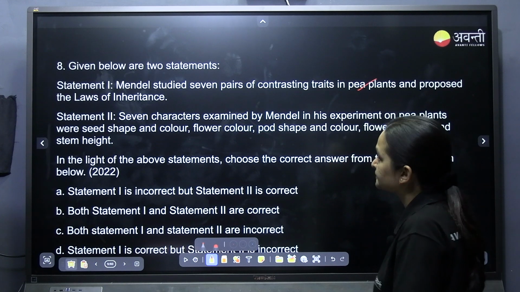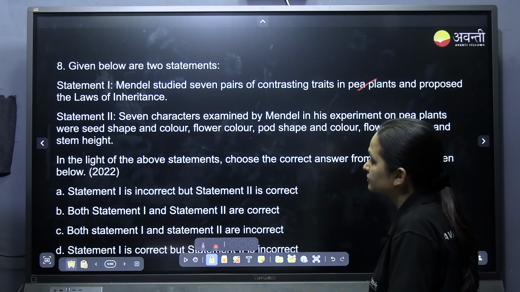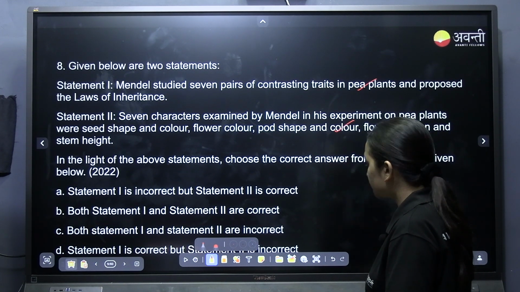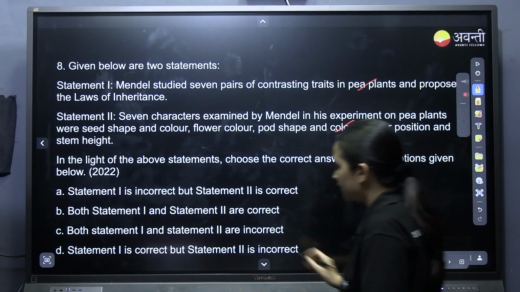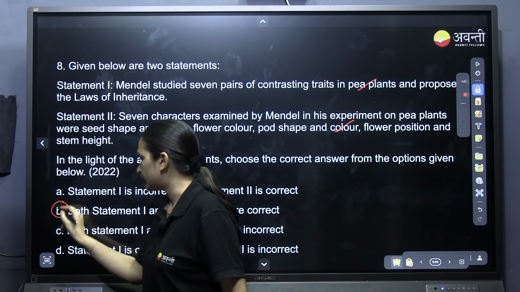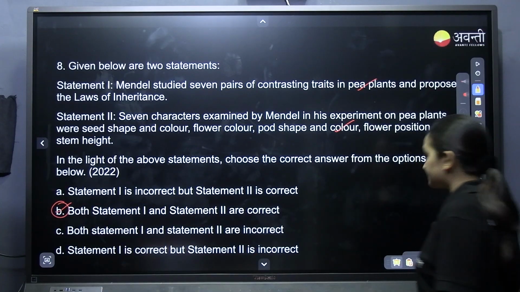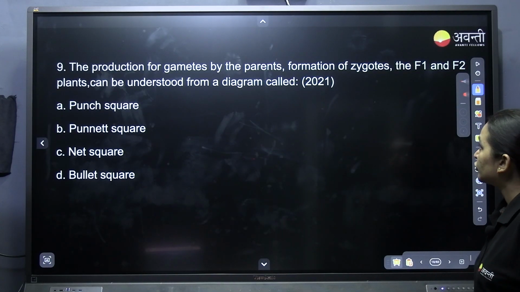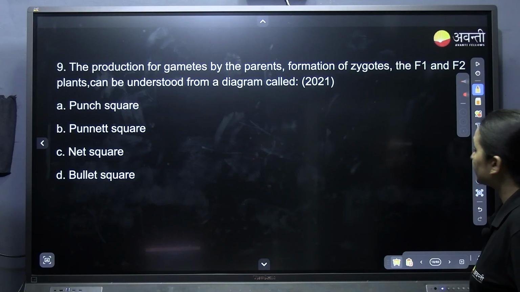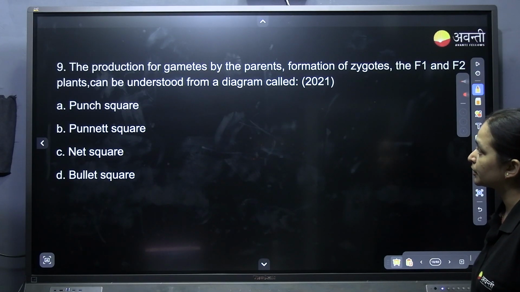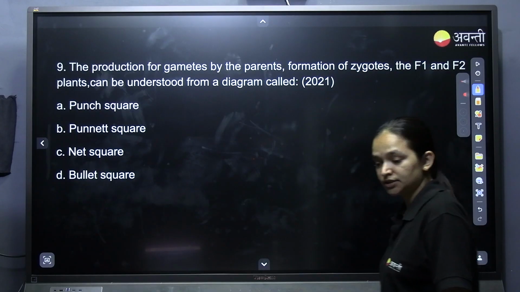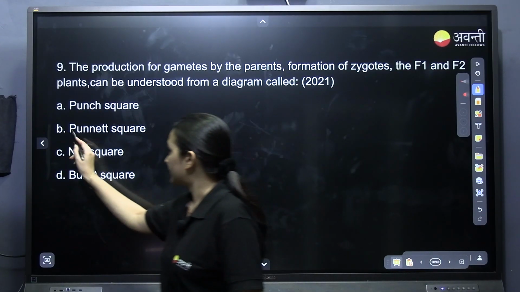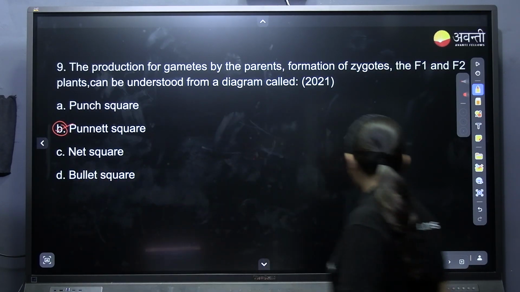Is it correct? Yes, ma'am. So both statement 1 and 2 are correct. B for Bombay is the correct answer. The production of gametes by parents, formation of zygotes, the F1 and F2 plants can be understood from the diagram called Punnett square. Yes, very good. B for Bombay is the correct answer.